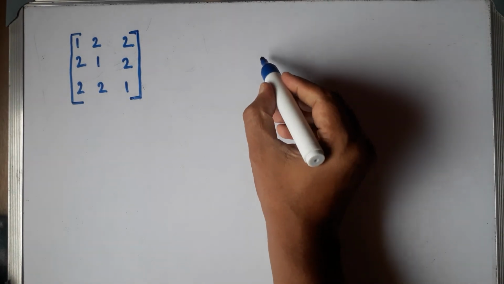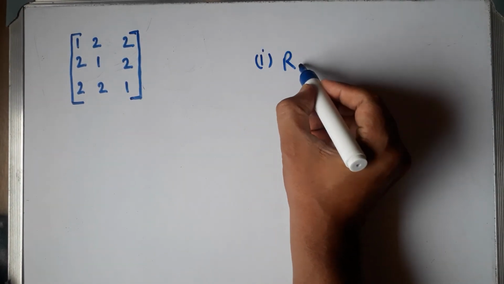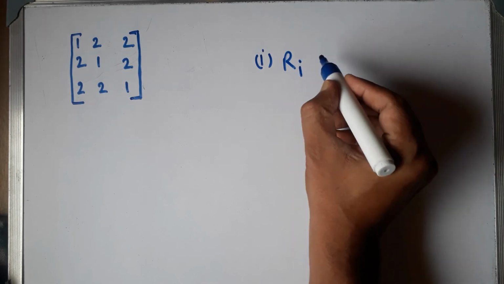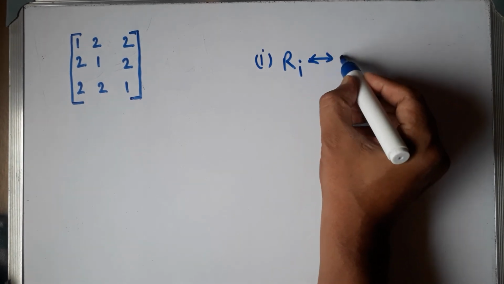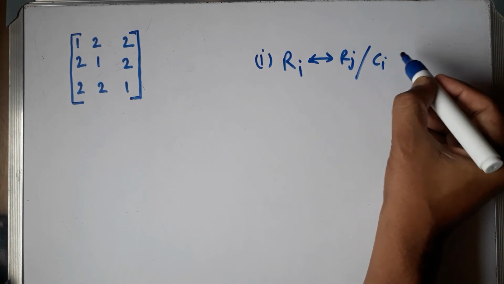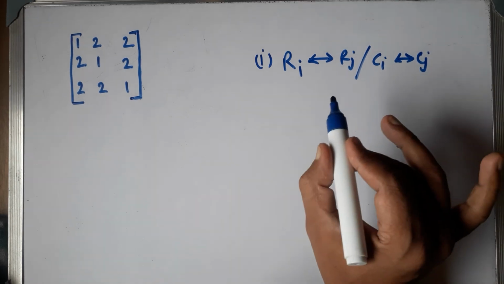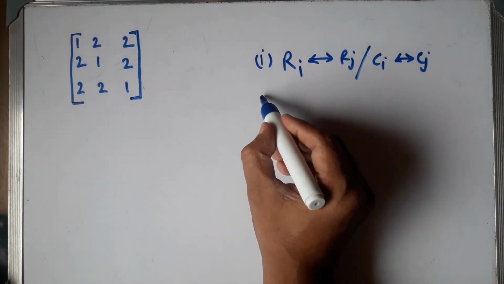What are these types of operations? Number one, you can interchange ith row and jth row, or ith column and jth column. Then rank remains the same.